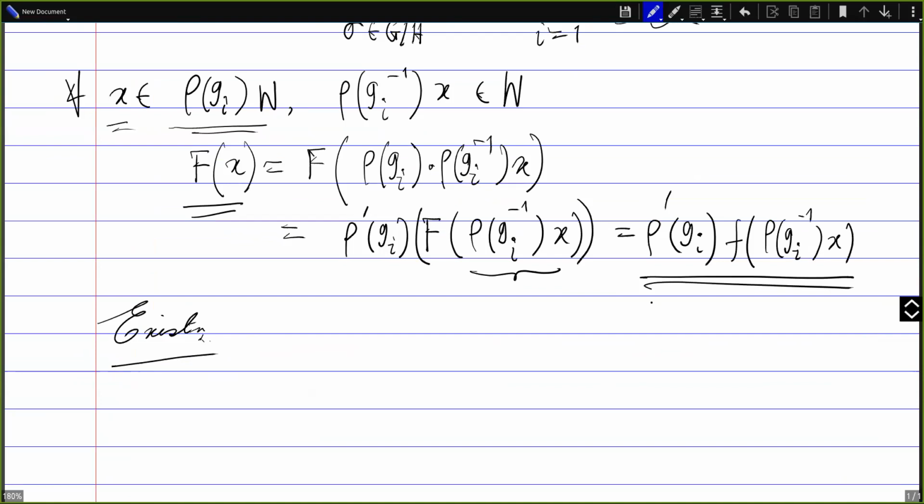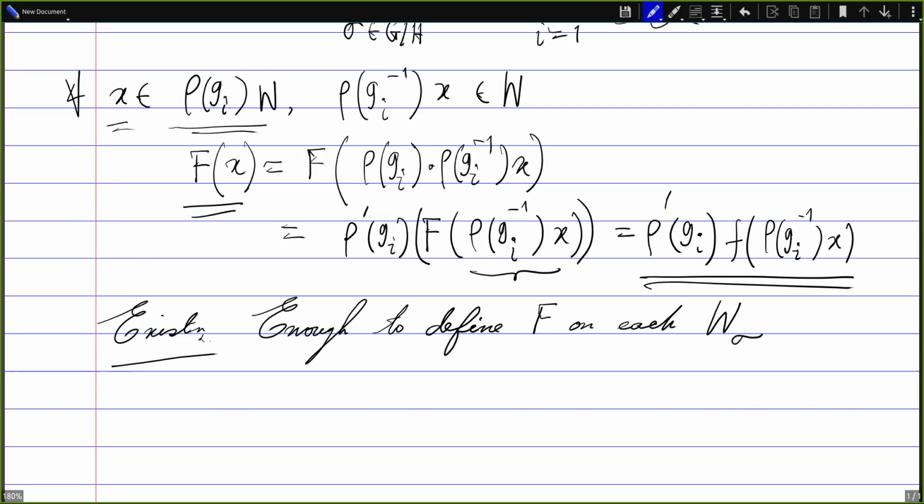So it is enough to define f on each W_sigma. Let us write W_sigma as rho(g) of W, where g belongs to sigma.